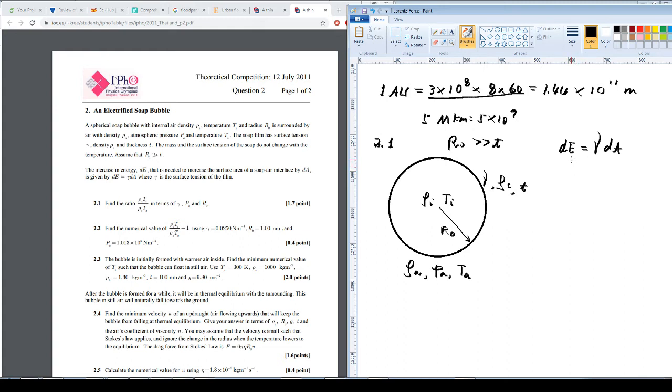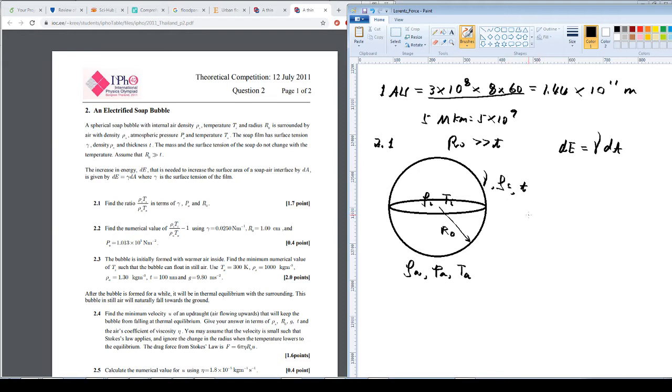So for the first part, it's really just dynamics. We must have a force balance. The standard way of handling that is to imagine a hemispherical cut.